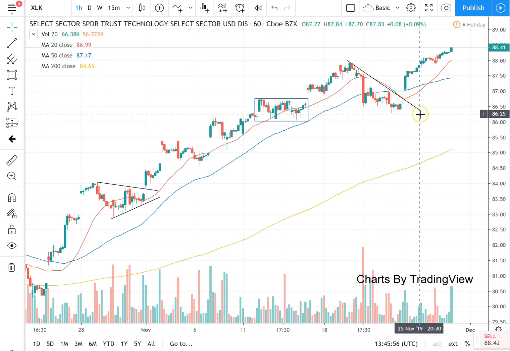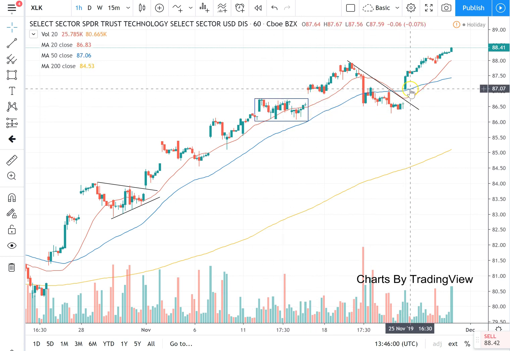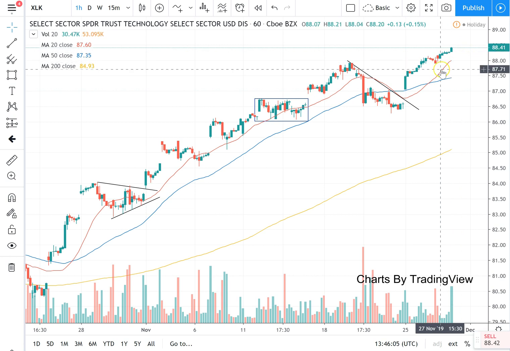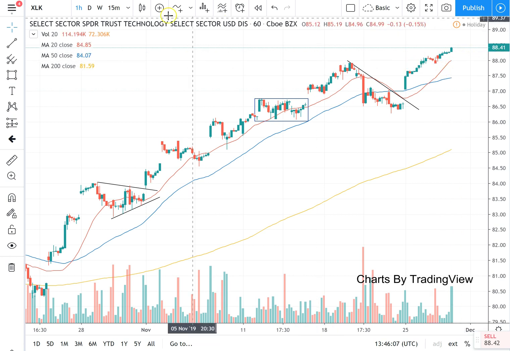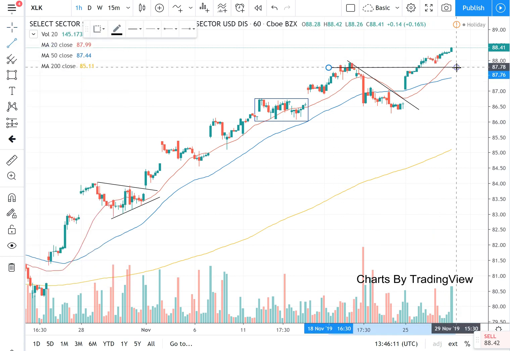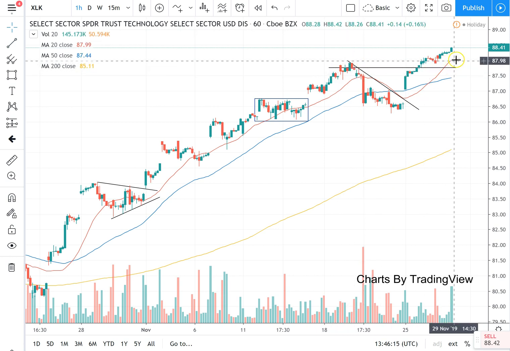It broke above the 60-minute downtrend line, which happened at support, and this is actually a continuation pattern. So right now, as long as the XLK stays above this previous high and above the 60-minute 20 MA, we should continue to have a bullish bias.